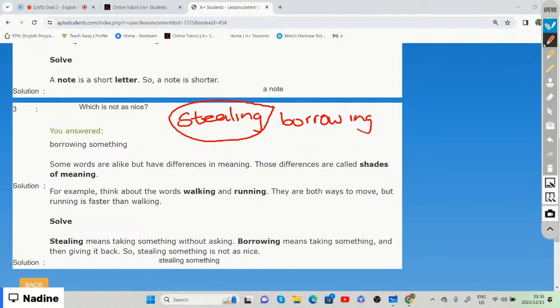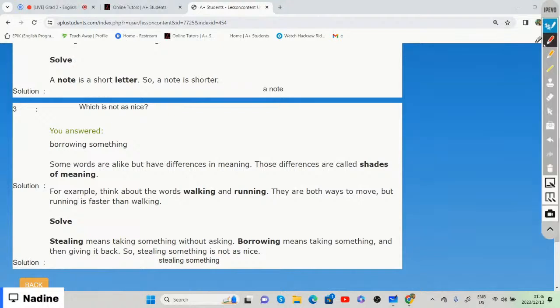Stealing is something that we should not do. So we said stealing is something that is not nice.